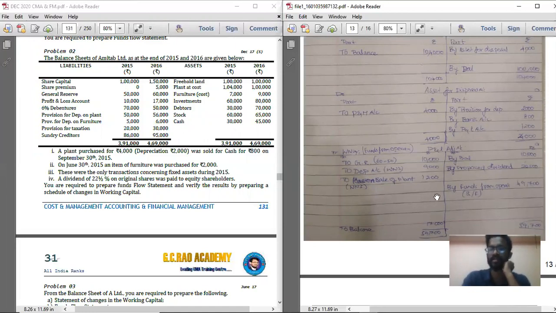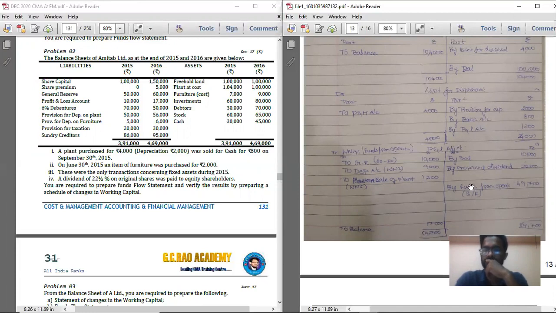Now total the debit side: 10,000 plus 9,000 plus 1,200 plus 22,500 plus 17,000, the closing balance. You are getting 59,700. So total the debit side 59,700. Bring that to the credit side, and total it 59,700 as well.